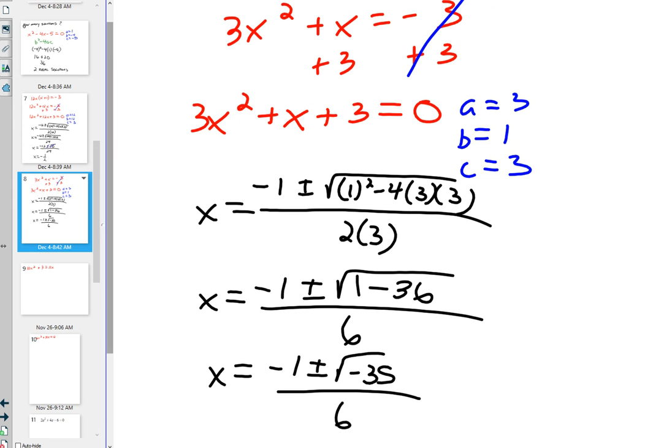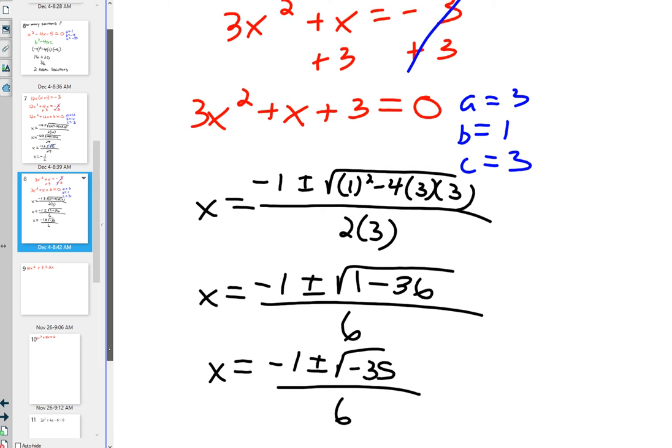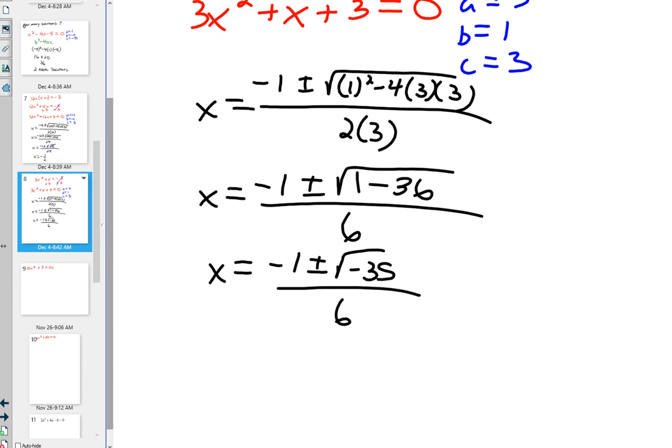What has just revealed itself? I have a negative discriminant. You're going to like these the best. That means I do not have a real solution. I can't solve. So no real solutions.